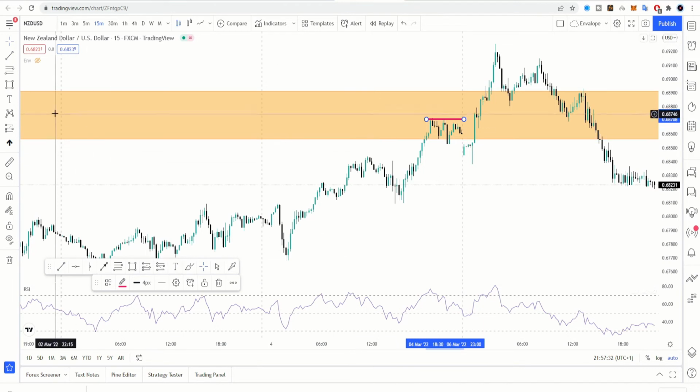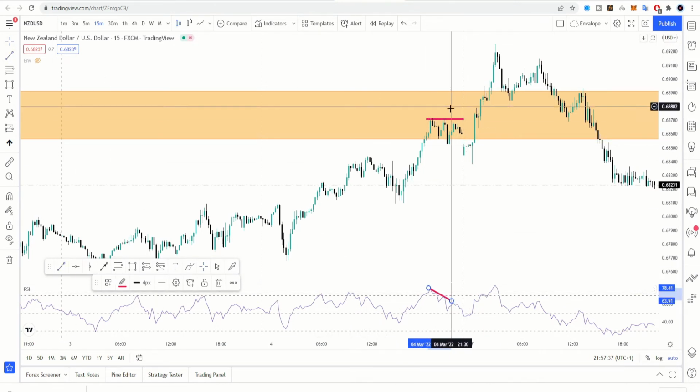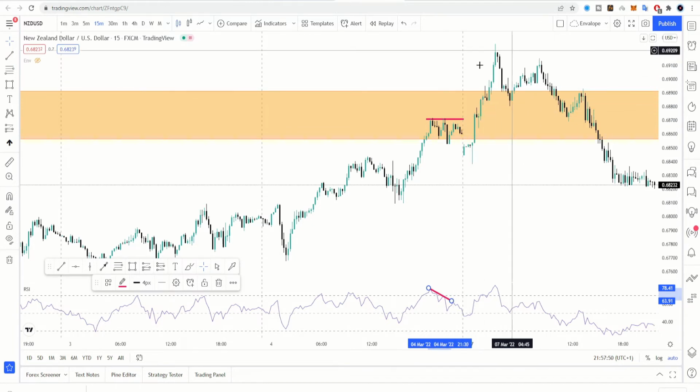At that time, we had an RSI divergence and it comes in late on that Friday. And I said it would be a better opportunity to wait for manipulation of this double top. So for me, this is the manipulation on the top here.